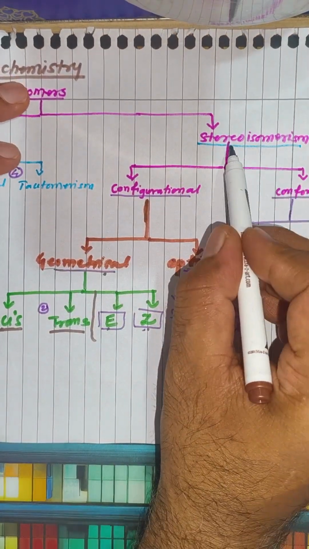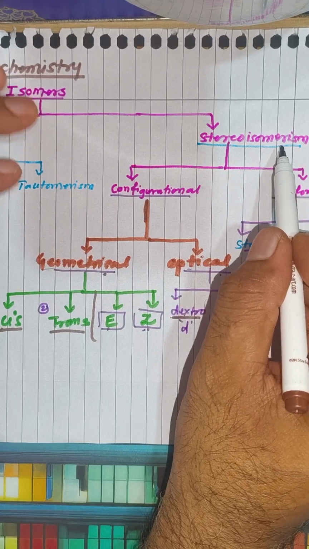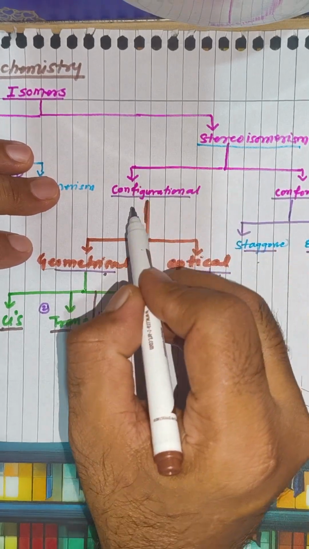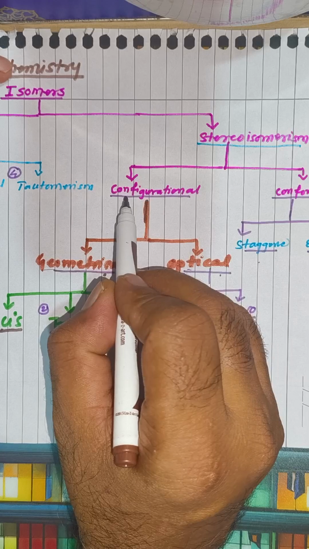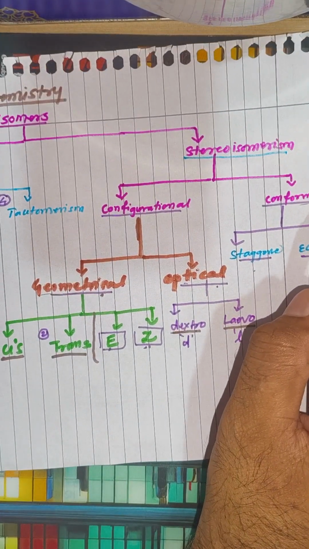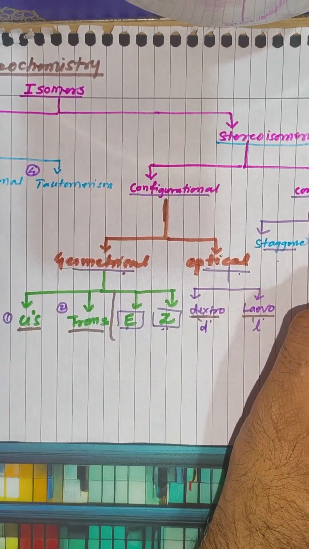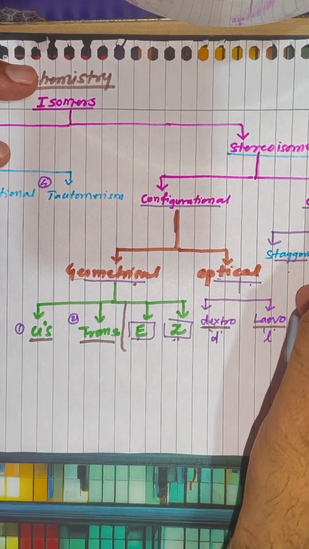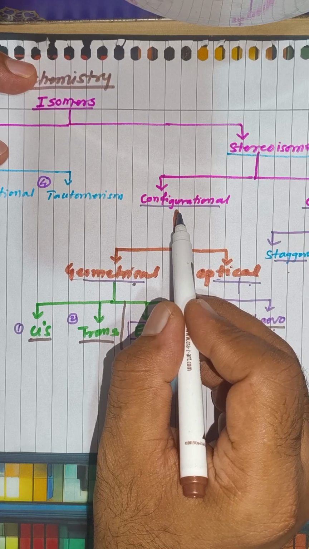Another classification is stereoisomerism. Stereoisomerism is subdivided into two types: one we call configurational isomerism and the second is conformational isomerism. Now, what is the meaning of configurational isomerism?